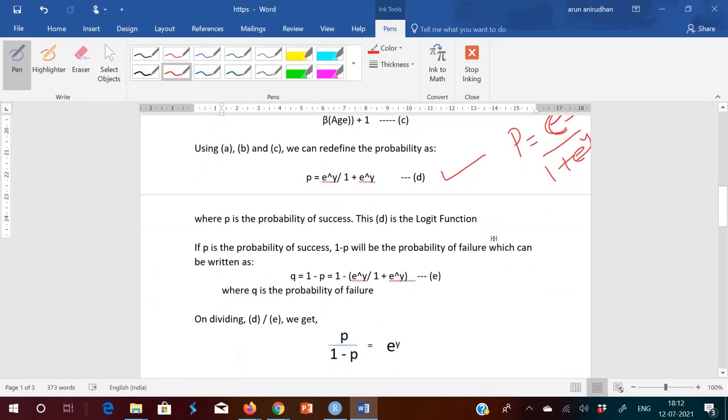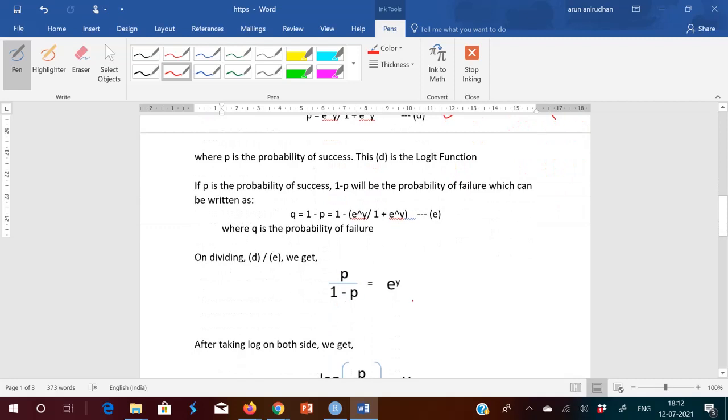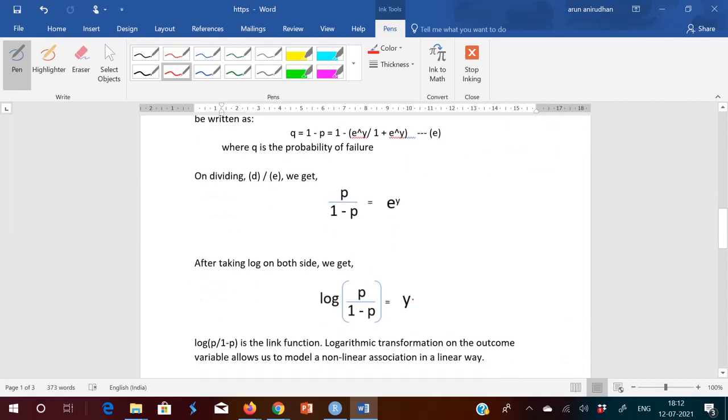So you get p by 1 minus p equal to e raised to y. This is the most important thing here, and this is how the classification is done.